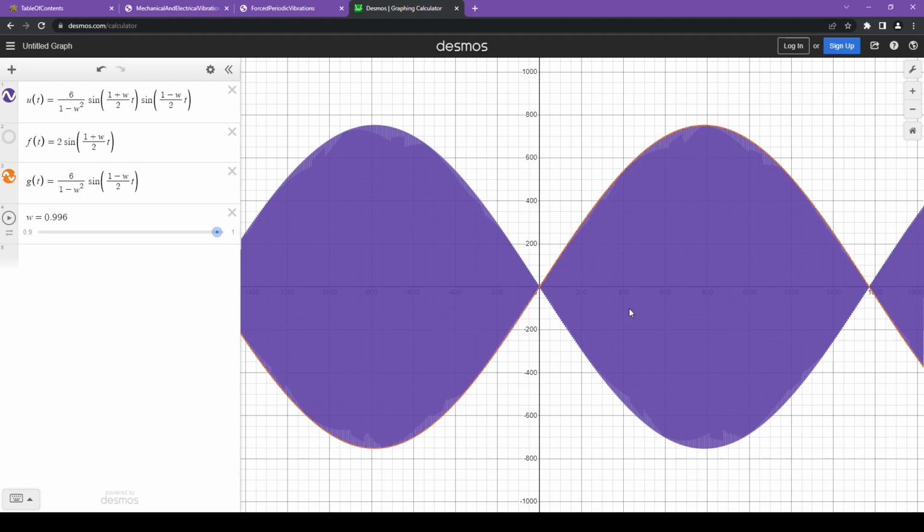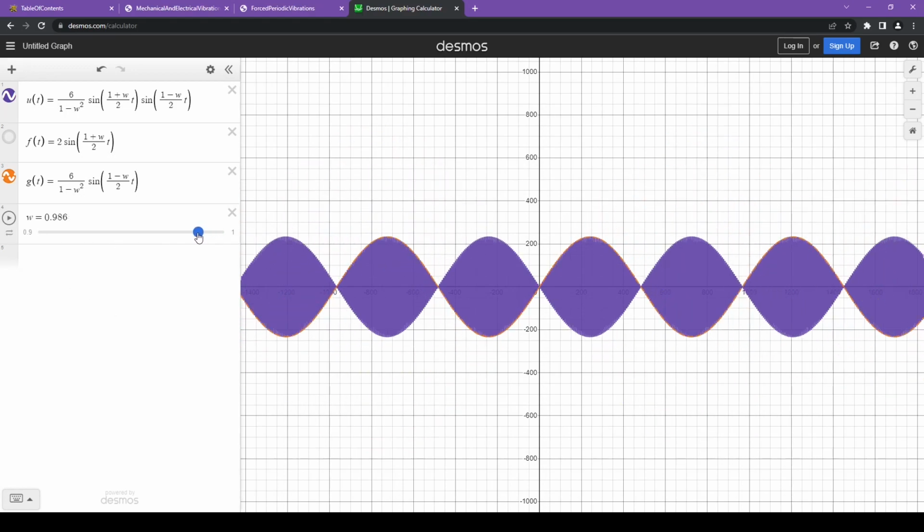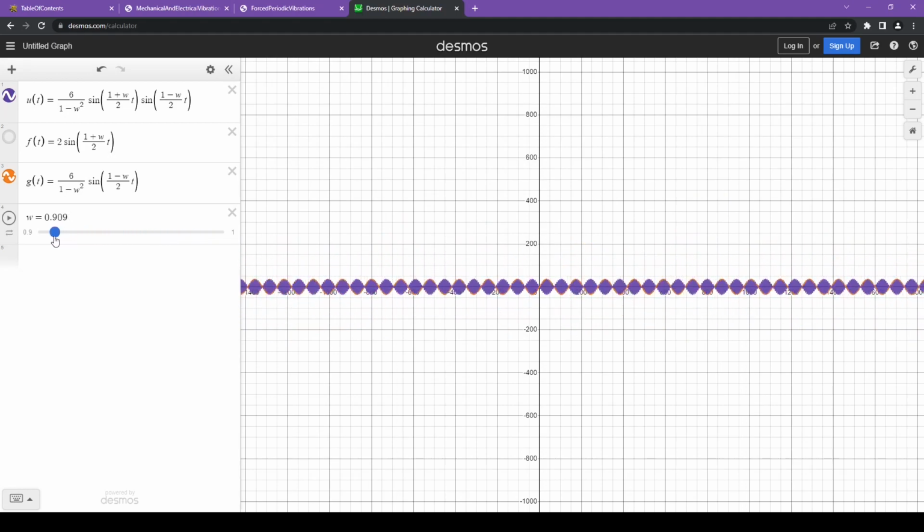It is being exposed to forced vibrations that take it beyond the physical limits of its system capacity. Whatever this is, it probably can't handle an amplitude of 700, especially considering where we started out with our initial values. It wants things to be way down here.